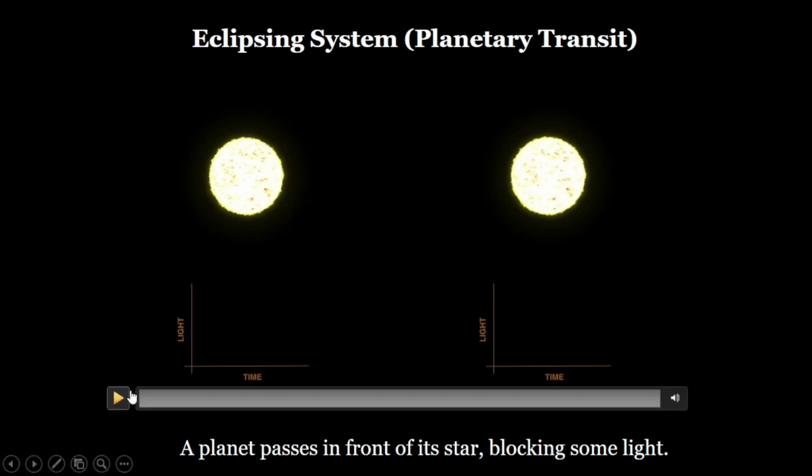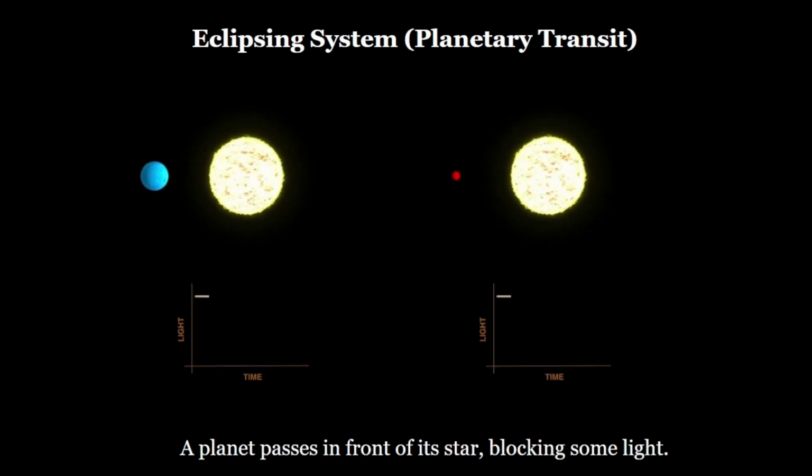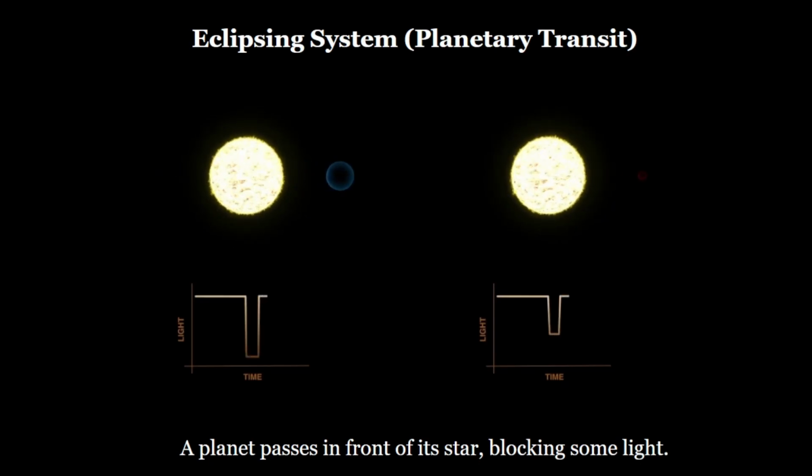Then we have eclipsing systems like planetary transit. Here you have a planet passing in front of its host star, and that makes it block some light. You can see the light curve. It blocks some of the light, so the flux reduces. Look at the sizes of the planet.